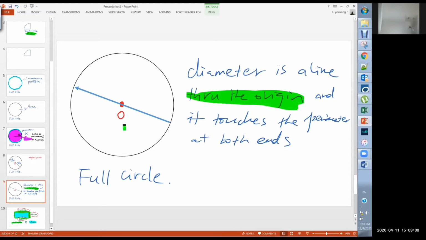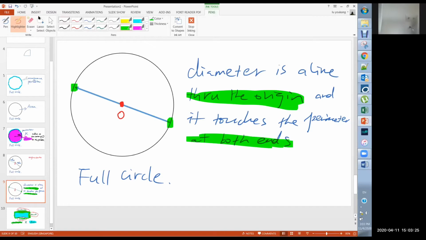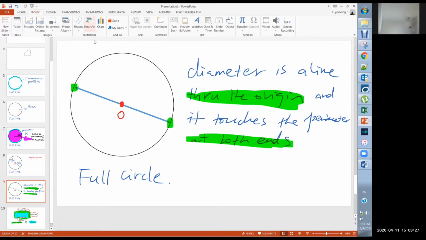Yeah. Okay, good. Does it touch the perimeter at both ends? Yeah. Okay, good. So is this a diameter? Very good.